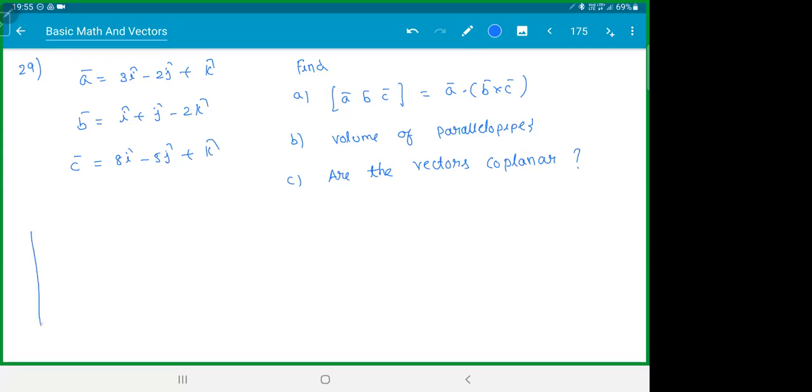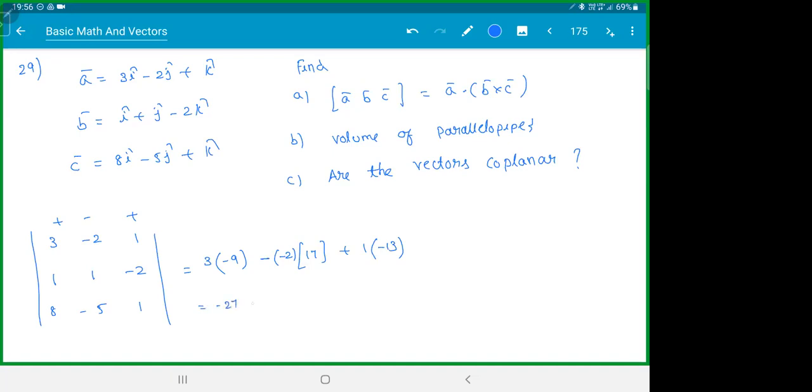See now, if I take the determinant with rows 3, minus 2, 1; 1, 1, minus 2; 8, minus 5, 1: 3 into 1 into 1 minus 10, so minus 9. Minus of minus 2. Remember, this is plus minus plus. And that would be 1 minus 16, plus 1 into minus 5 minus 8, minus 13.